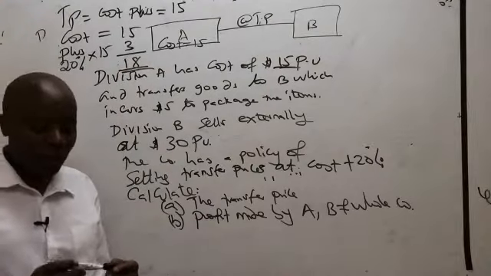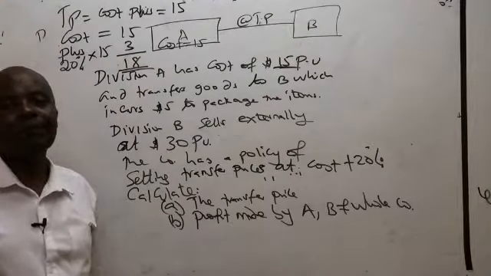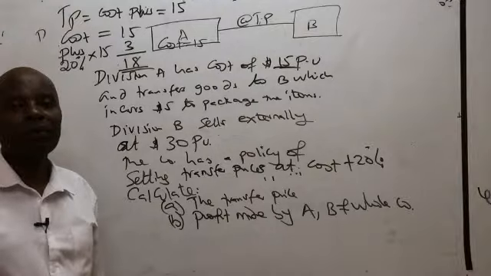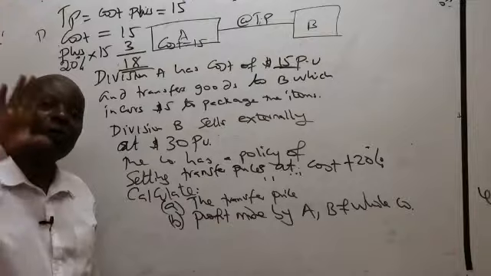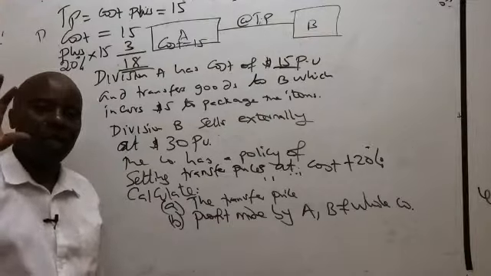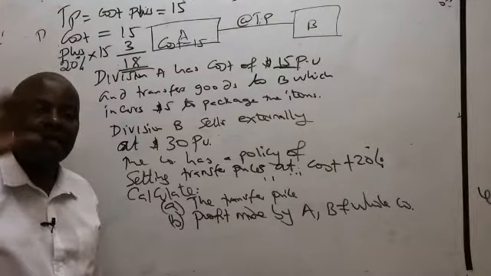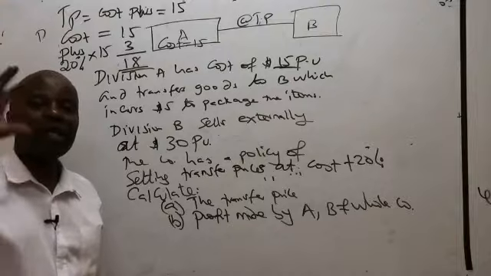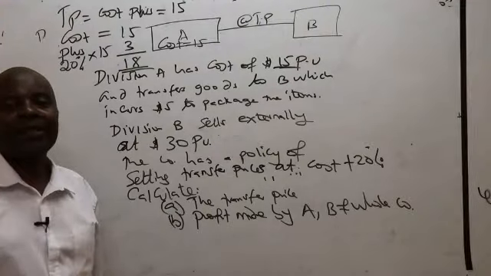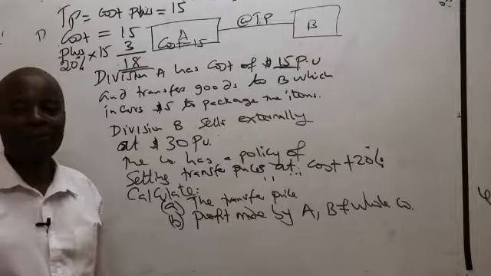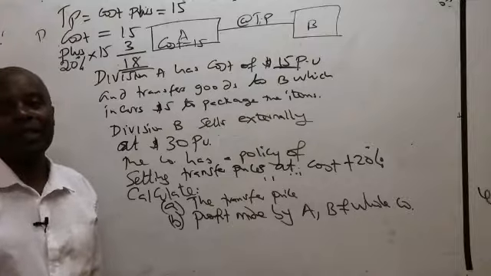And therefore the transfer price is 18. So please don't confuse. It's about the cost of the transferring division, the cost of A, the first department. You take that and add their profit.